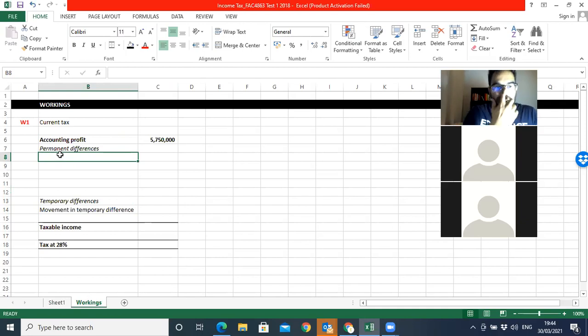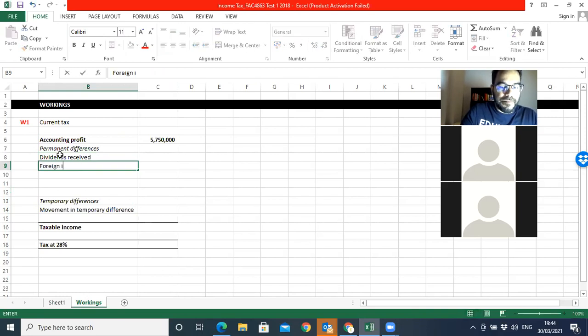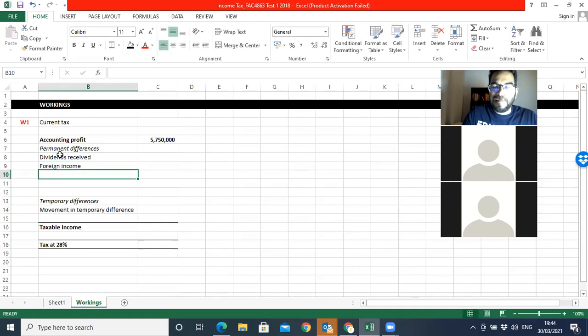So our permanent differences we have identified to be dividends received, foreign income, and the other one, capital disposal on land. Okay, so let's work through this.